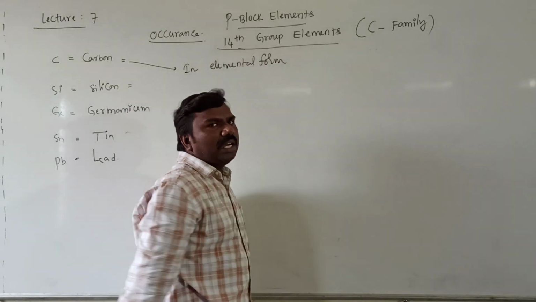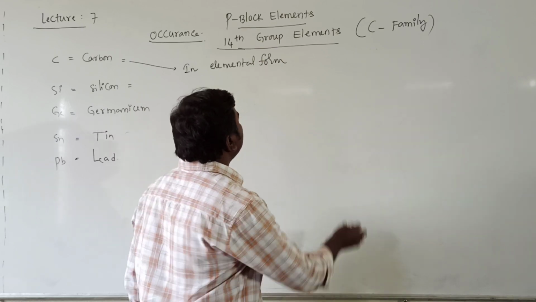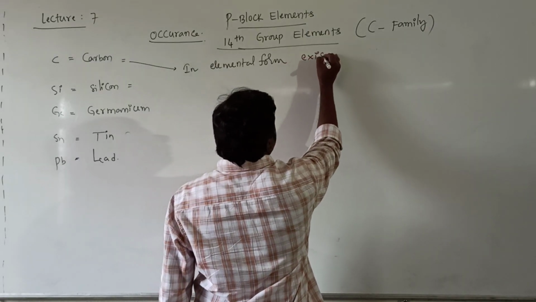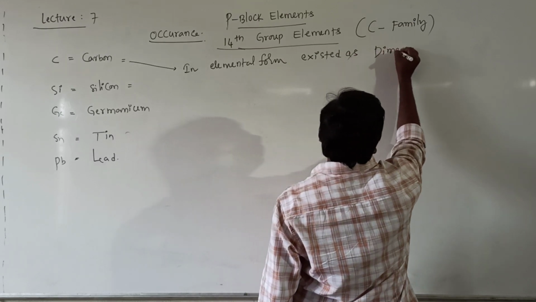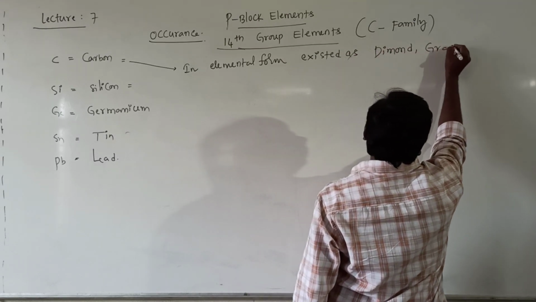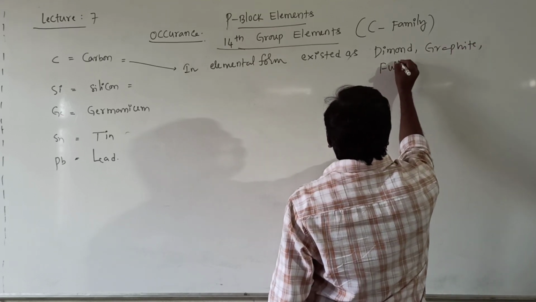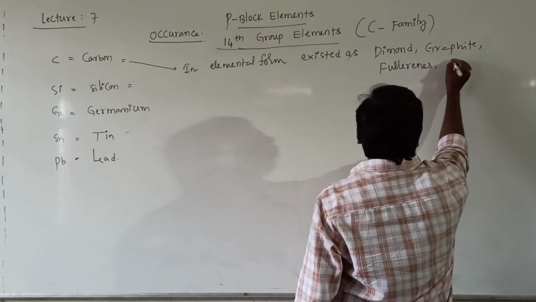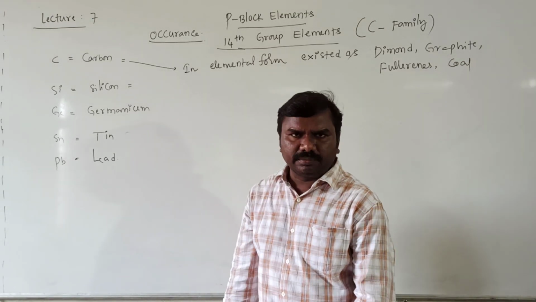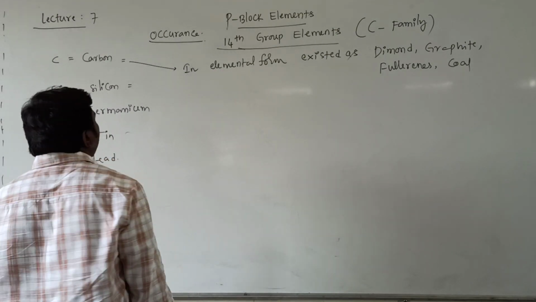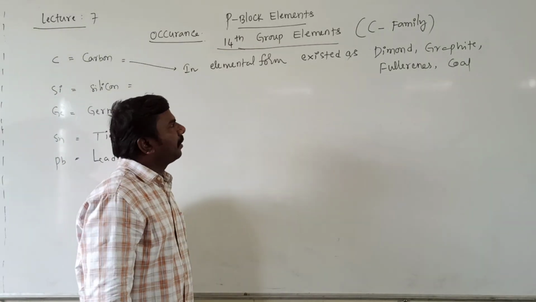It means uncombined state, free state, naturally existing as diamond, graphite, fullerenes, coal, coke, and many more you can take here. So carbon occurs in elemental form, uncombined state.